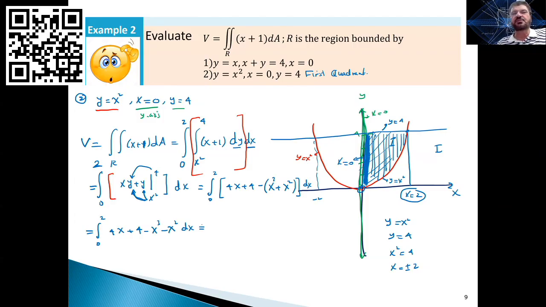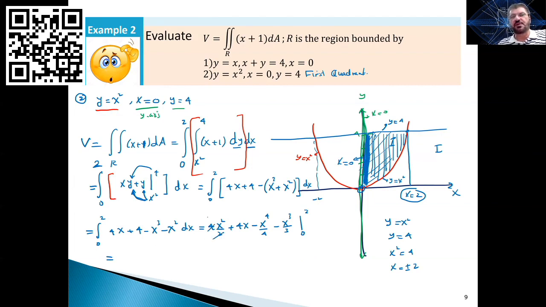Now what do we do? We integrate. So the integration of 4x is 4x squared over 2, plus the integration of 4 is 4x, minus the integration of x cubed is x to the 4 over 4, minus the integration of x squared is x cubed over 3. And this is from 0 to 2. Now we plug the 2 first.